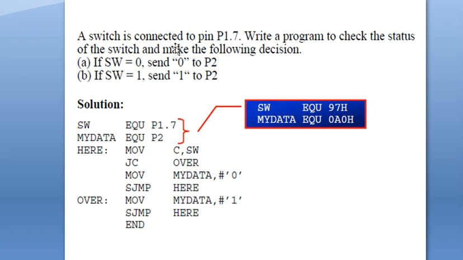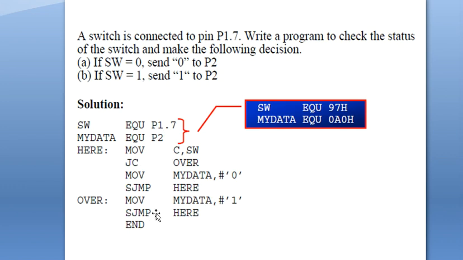Then according to the description, if it is 1, MYDATA has to be loaded with 1, right? MYDATA is P2, so P2 is loaded with 1. MOV MYDATA, #1, so 1 is loaded onto MYDATA. Then SJMP here means again it is going to repeat.